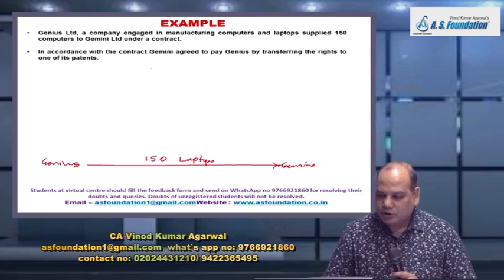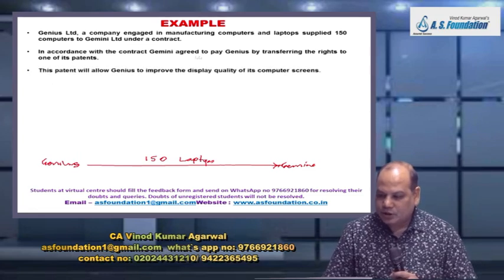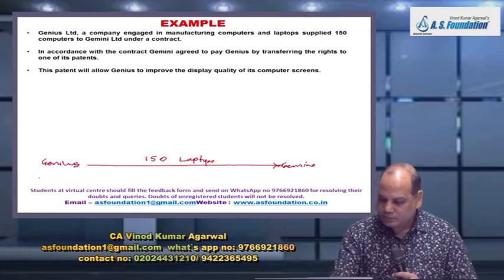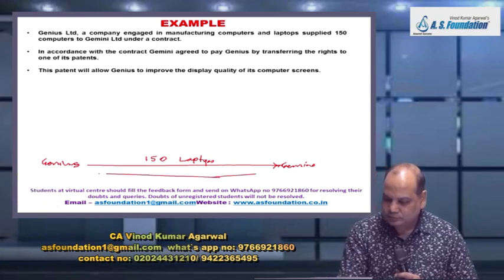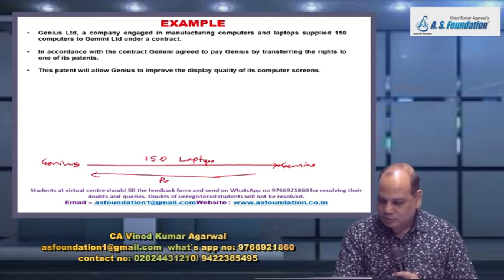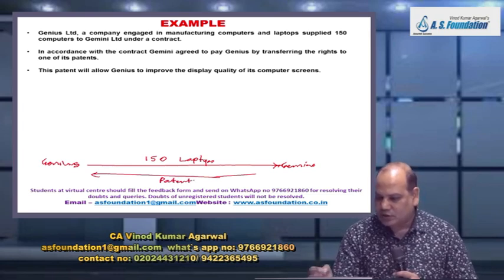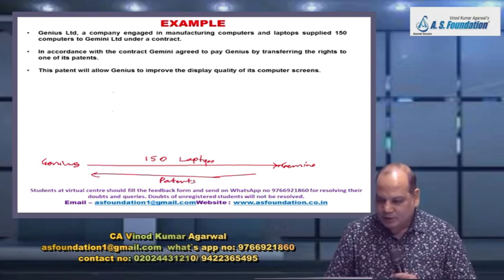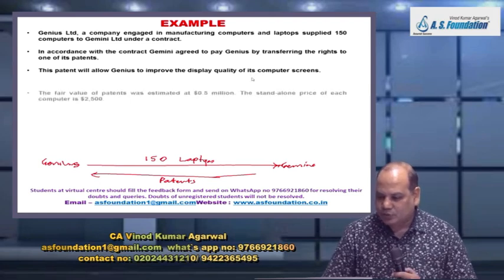In accordance with the contract, Gemini agreed to pay Genius by transferring the rights to one of its patents. What they have supplied? Patent. So non-cash consideration. Patent will allow Genius to improve the display quality of the computer screens.